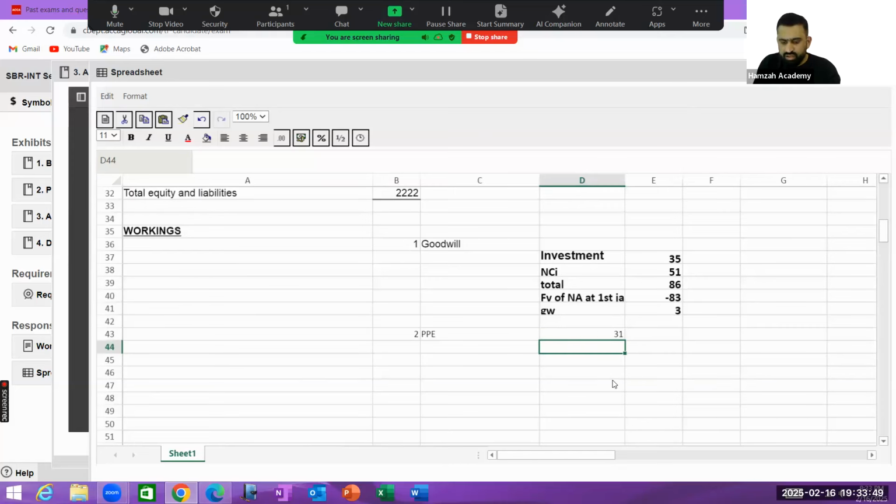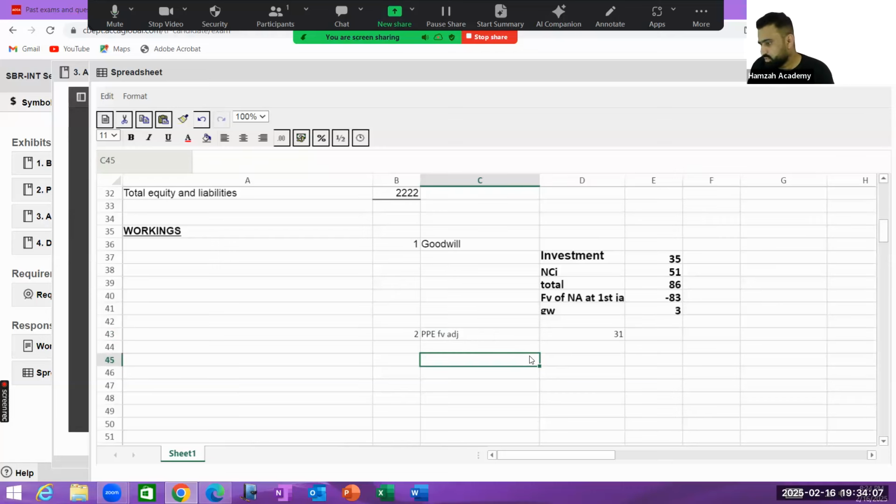So 31 million is the fair value adjustment at the date of acquisition, which is carried out.